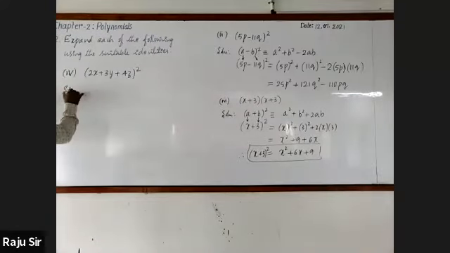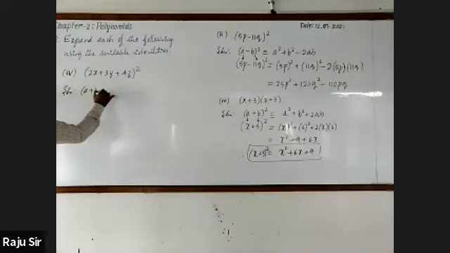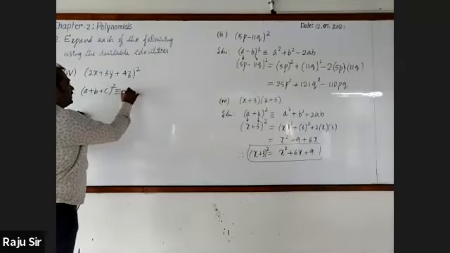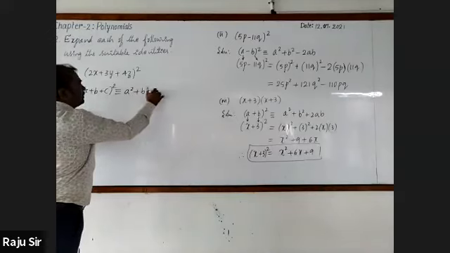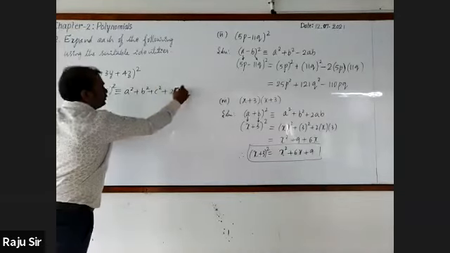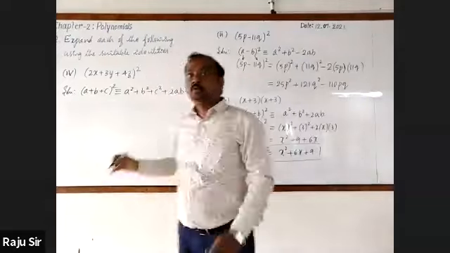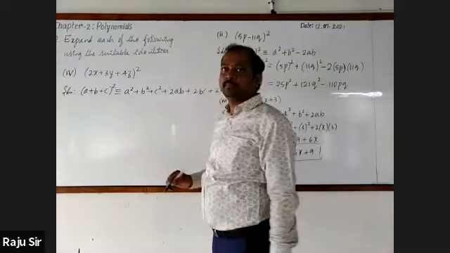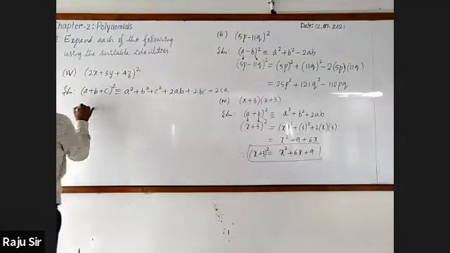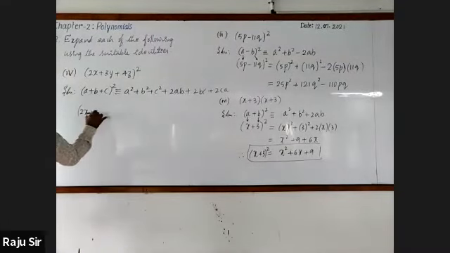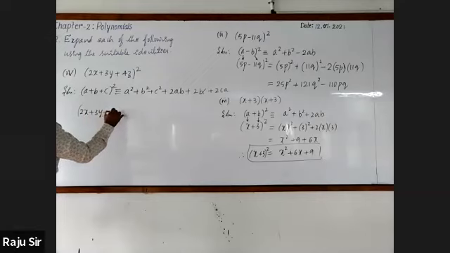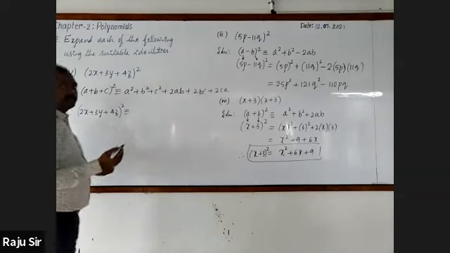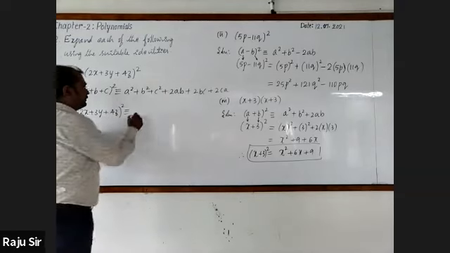It is of the form A plus B plus C whole square, which is exactly equal to A square plus B square plus C square plus 2AB plus 2BC plus 2CA. Now 2x plus 3y plus 4z whole square is equal to, first you may put brackets, then substitution will be easy.